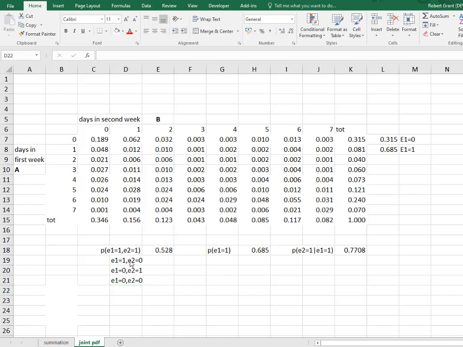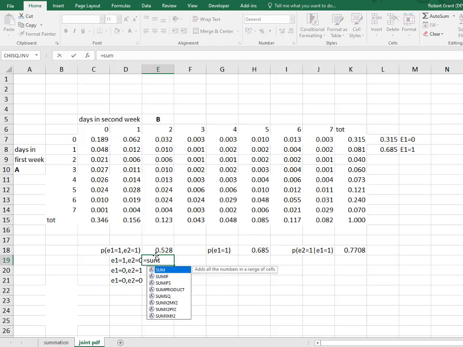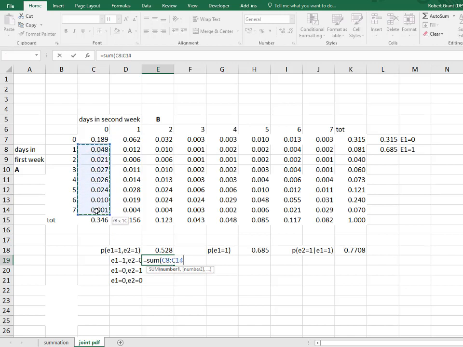So E1 is 1, E2 is 0, so that means the chance that they got work in the first week, not in the second week. So that's work in the first week is all these, but 0 in the second week, so it's all these here. So E2 is 0, but they did get work in the first week is all those possibilities.